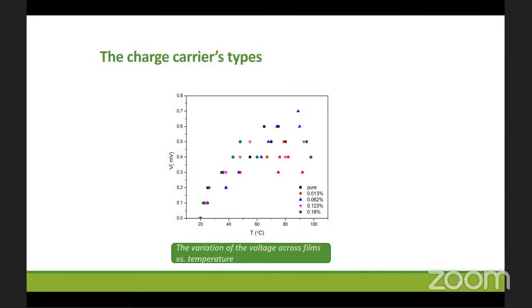By using the hot probe method, the type of the charge carrier was examined by recording the voltage change with increasing temperature, as in this figure. By increasing the temperature, the voltage was positive, which means the thin films show an N-type semiconductor.